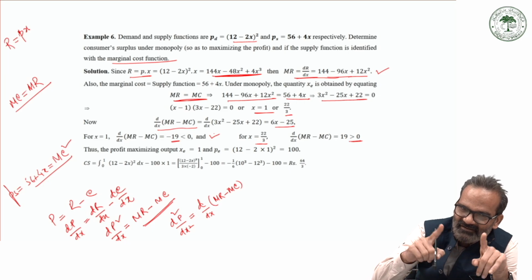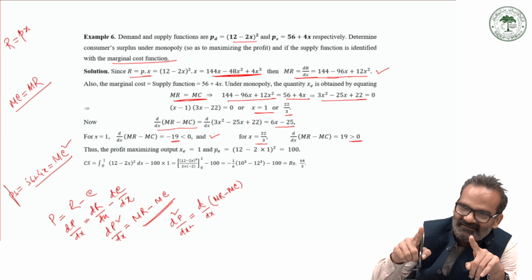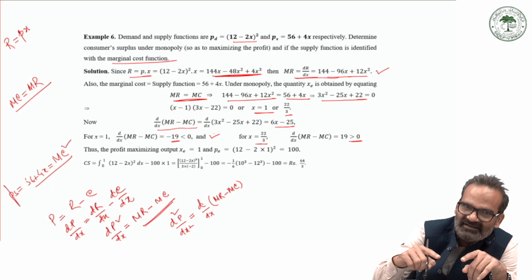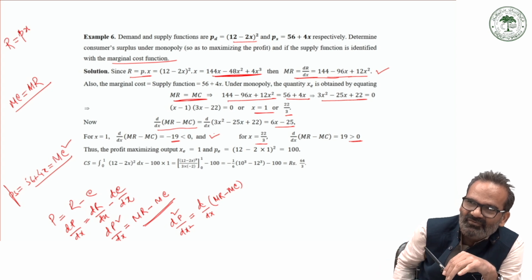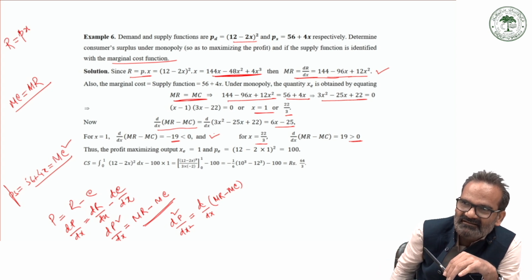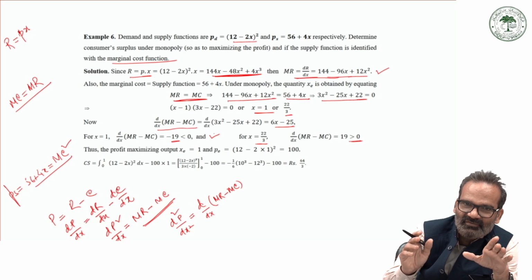So here we have 2 points, x is 1 and 22 upon 3. To check which point will give you the maxima, we find the derivative of MR minus MC, which is equal to the second derivative of the profit function.